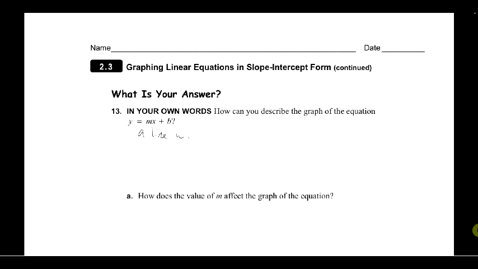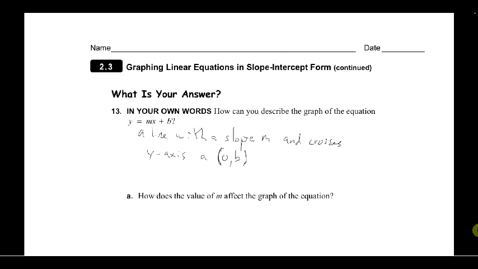So we can say with a slope m, and crosses y-axis at, it's always going to be 0 for the x-axis because that's how it crosses it, and then whatever number is being added or subtracted to x, or b in this case.